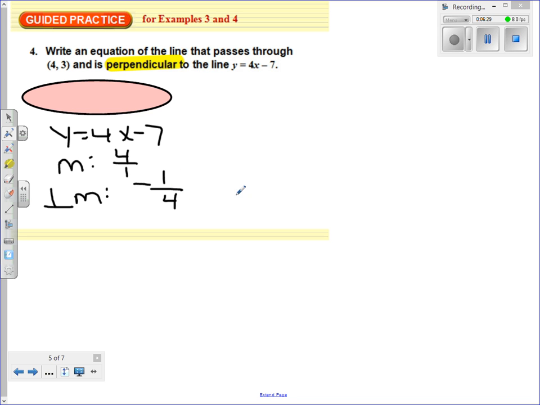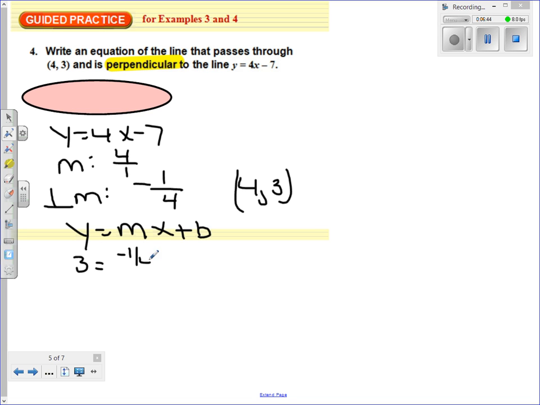Using this information, I have my slope and I have my coordinate point. I need to write the equation of the line. So y equals mx plus b. I have to find my y-intercept. 3 goes in for y.